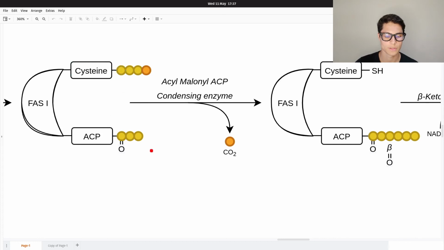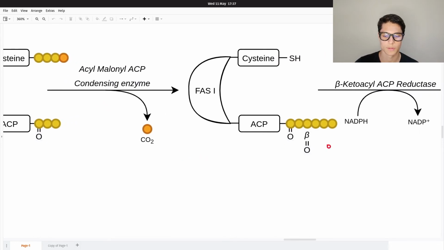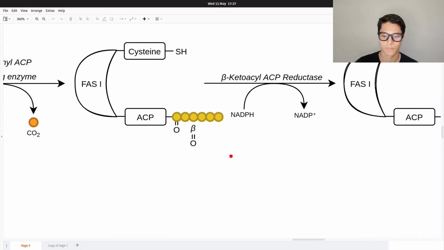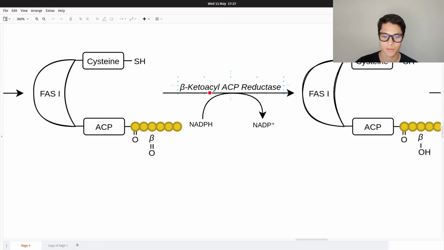We condense these 2 into the ACP terminal, getting rid of 1 carbon. So here we are. Then using the beta ketoacyl ACP reductase, we reduce the keto group on the ACP terminal using NADPH.